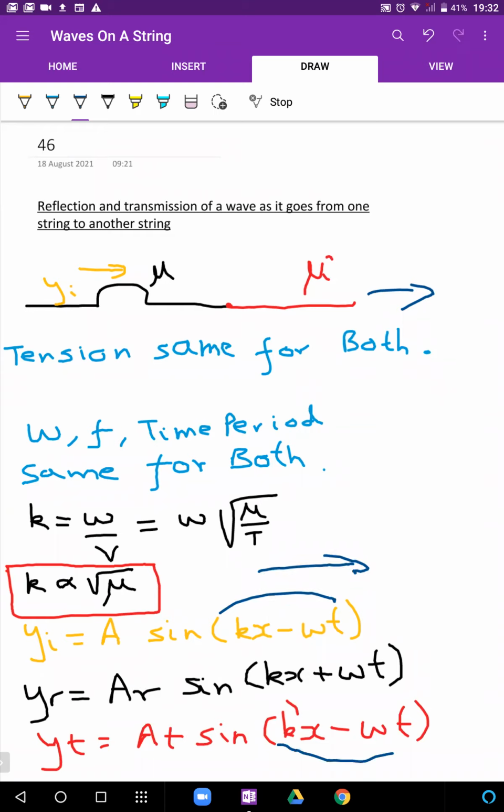Here also they will be of opposite signs, implying the wave is going towards the right, because transmitted wave means it's going in the same direction, right? So I will not change any of the signs. I want the wave to continue to go towards the right, so I'm not going to change any of the signs. ये जैसा लिखा है वैसा का वैसा ही transmitted wave दिखेगा. The only change will be k की जगह k dash. That's the only change while writing the transmitted wave.